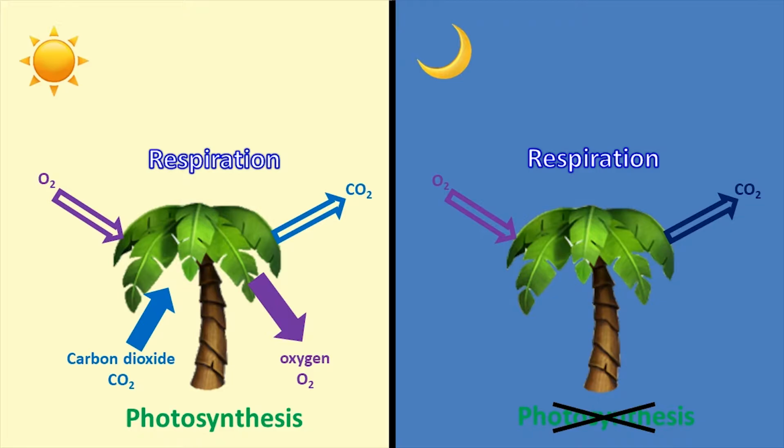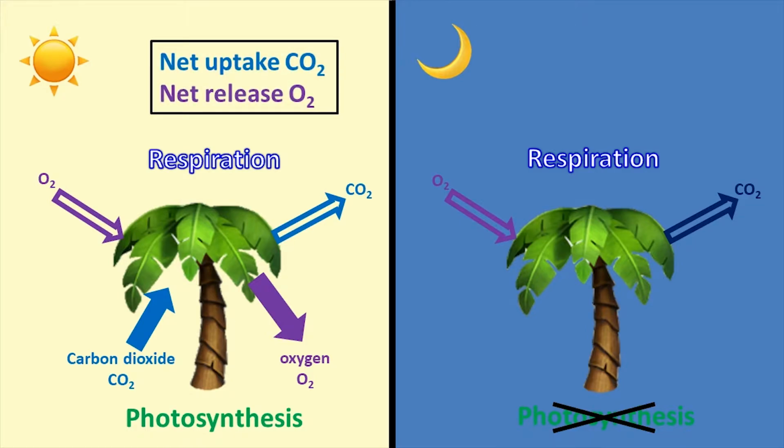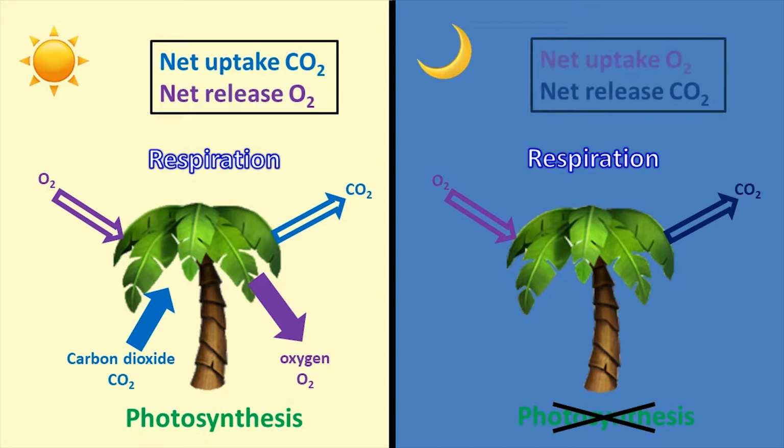During the daytime, the rate of photosynthesis is higher than that of respiration, and therefore there is a net uptake of carbon dioxide and a net release of oxygen. At night, respiration continues to take place while photosynthesis stops. In this case, there is a net uptake of oxygen and a net release of carbon dioxide.